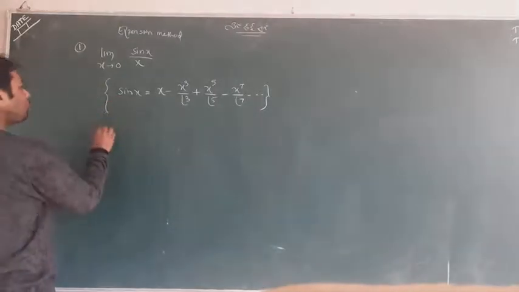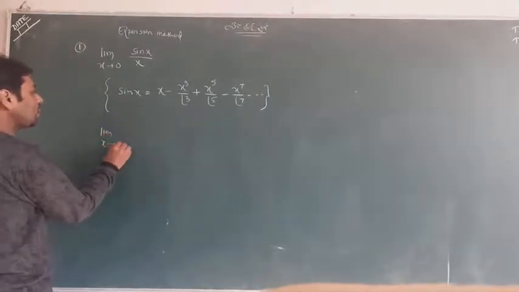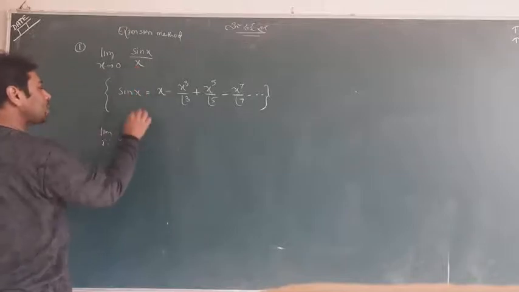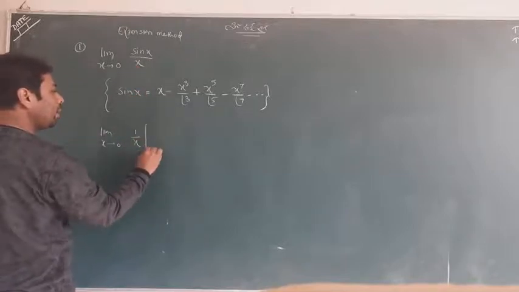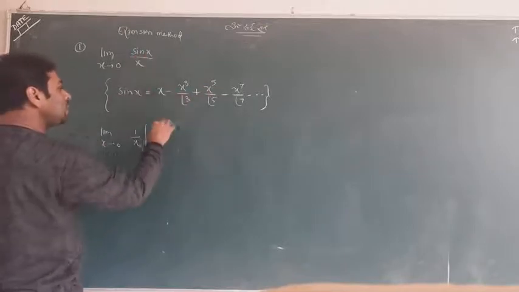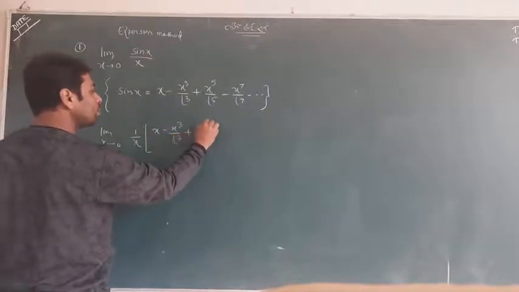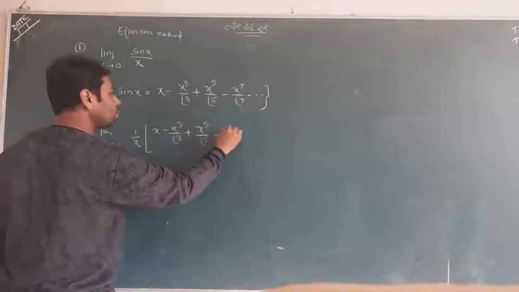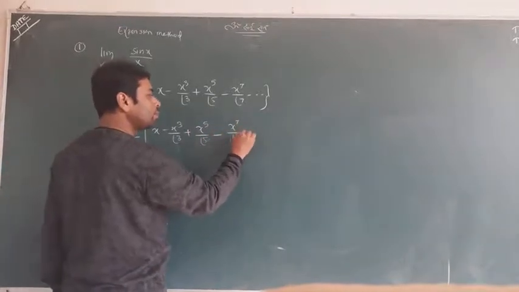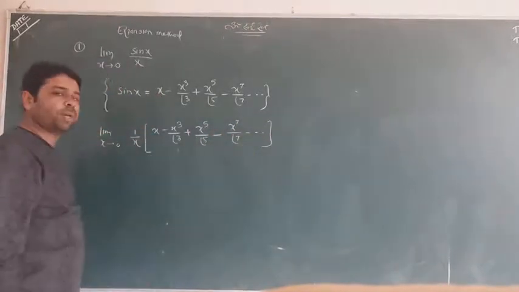If you use this series here, x is in the denominator, 1 by x, and sin x has a big series that I am using here. So this is the way.